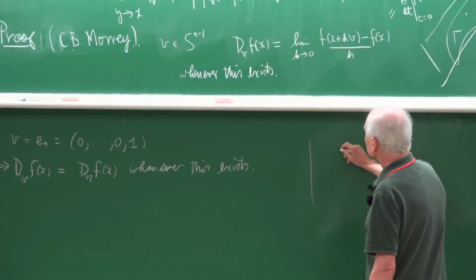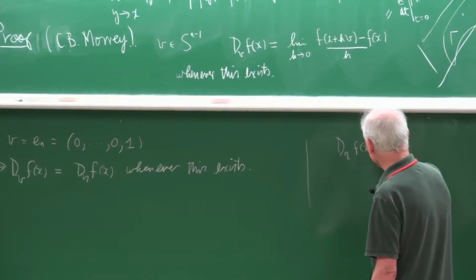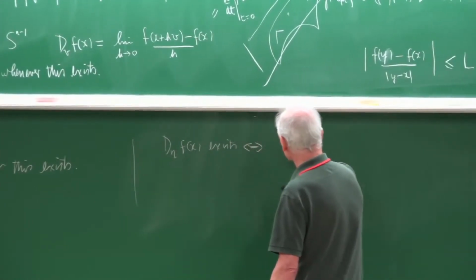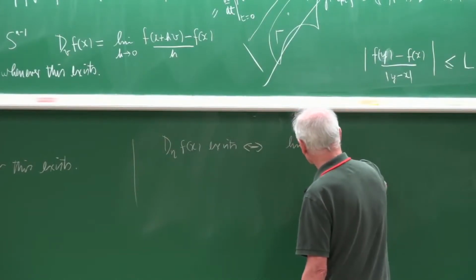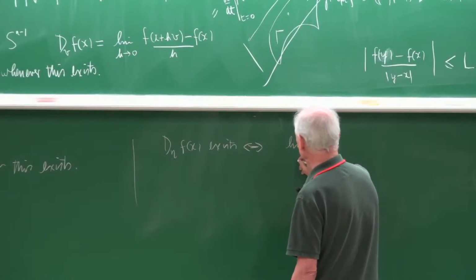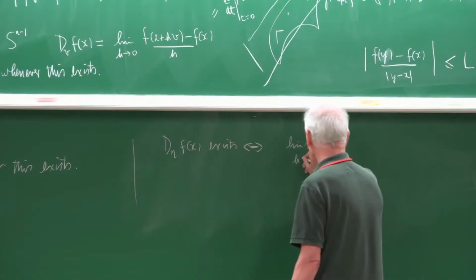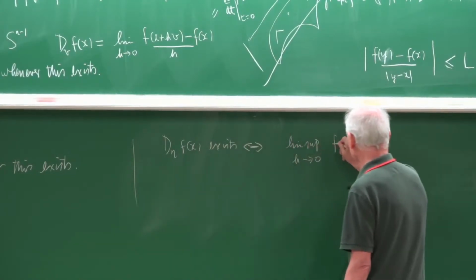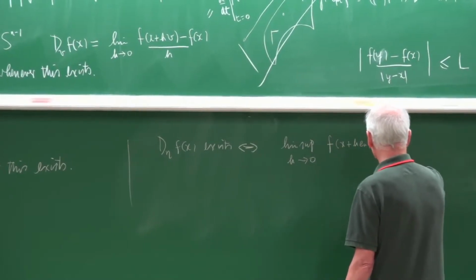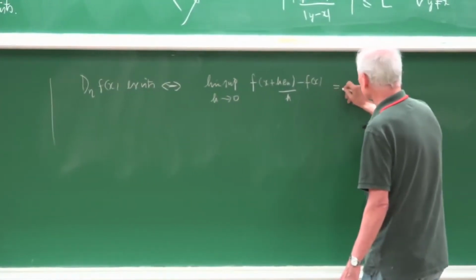So D_n f(x) exists is exactly equivalent to saying that the lim sup as h tends to 0 of (f(x + h e_n) minus f(x)) over h is the same as the lim inf.